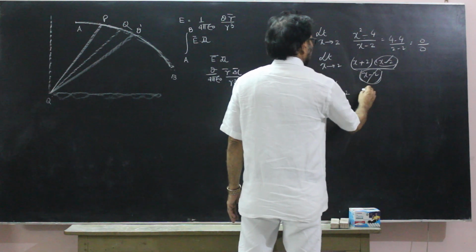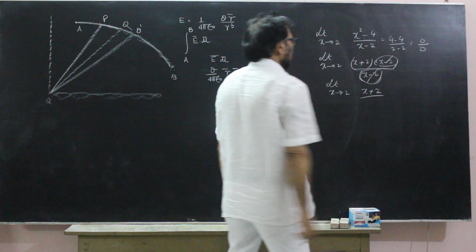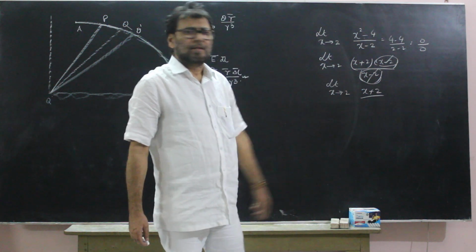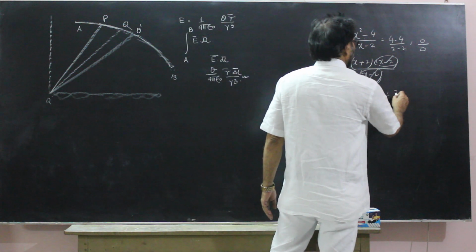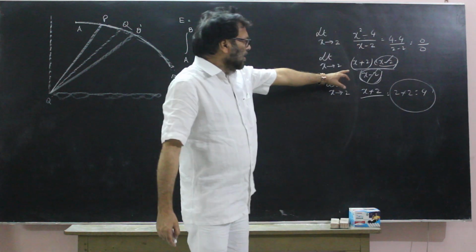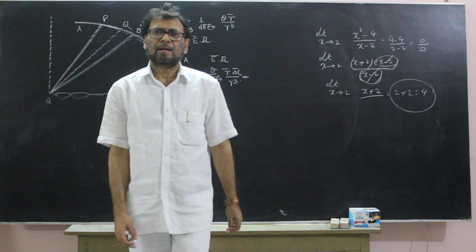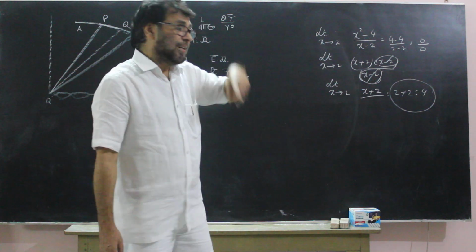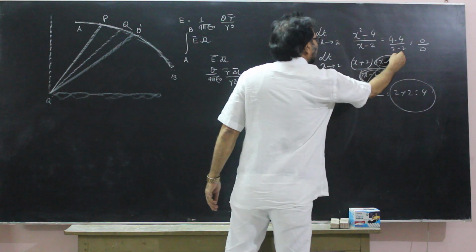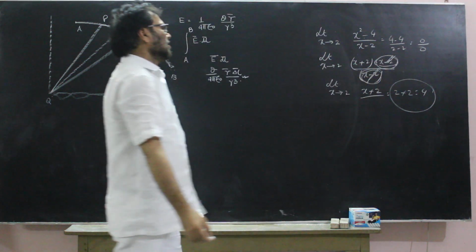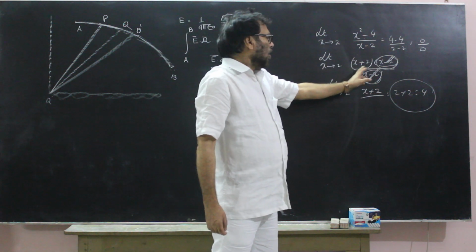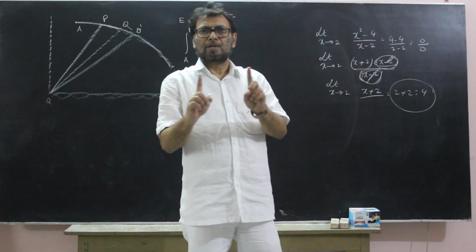Limit x tends to 2, x plus 2. Now x is 1.99999 and it is very close to 2, so 2 plus 2 is 4. ये जो x है 2 से काफी close है, 1.999999 है, but it is not exactly equal to 2, hence this is not exactly 0. So this x minus 2 can be cancelled with x minus 2. इस x minus 2 को x minus 2 से cancel कर देंगे और उस वक्त हम कहेंगे कि x is not equal to 2.